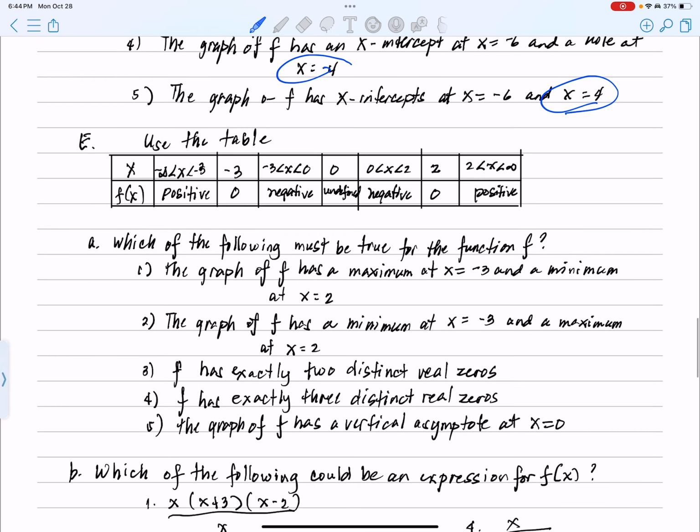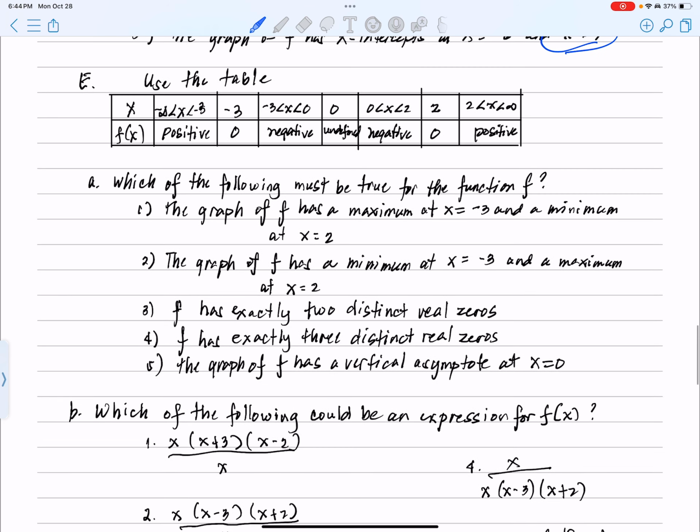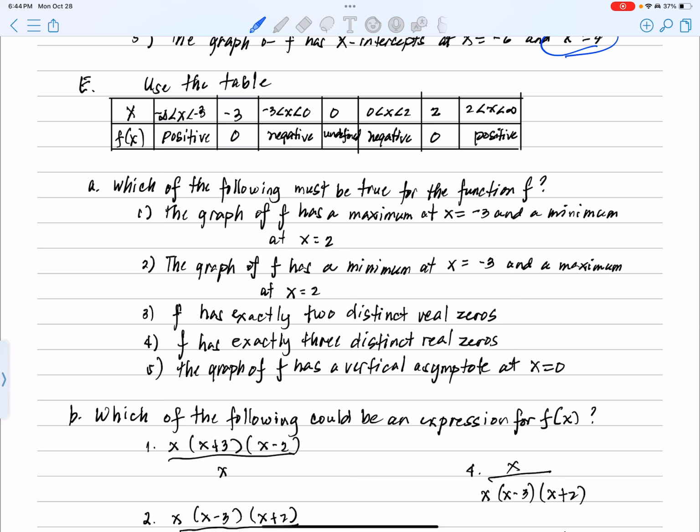Use the table. We have a sign table here. Which of the following must be true about the function? The graph has a maximum and minimum at 2. Wait a minute, we'll have to identify. This one right here is a 0.